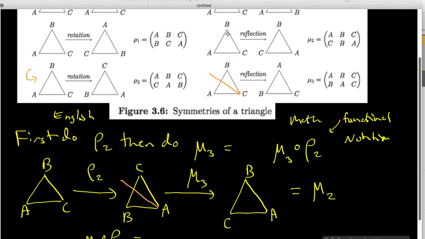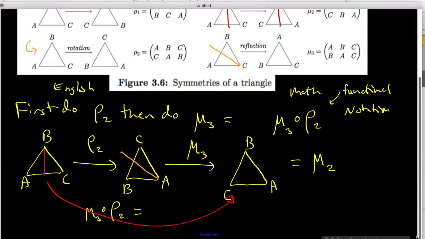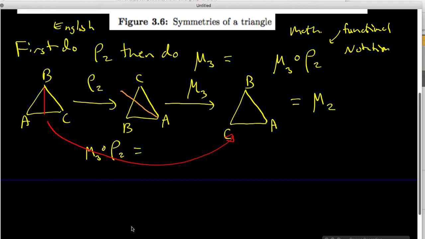If we denote this one, this is just the reflection across that vertical line of symmetry. And if I put that in originally here, you'll notice that flipping across that red line would get me immediately to here. So what I have in terms of English then is that first do rho 2 and then do mu3 is going to be equal to mu2.